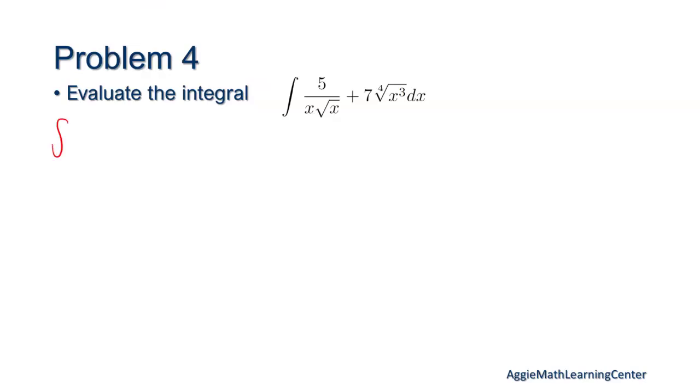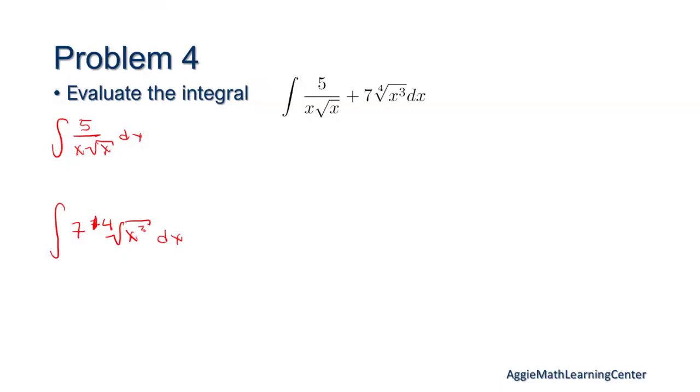So I'm going to first take the integral of 5 over x square root of x dx, and then I'm going to do a separate one for 7 times the 4th root of x to the 3rd dx.